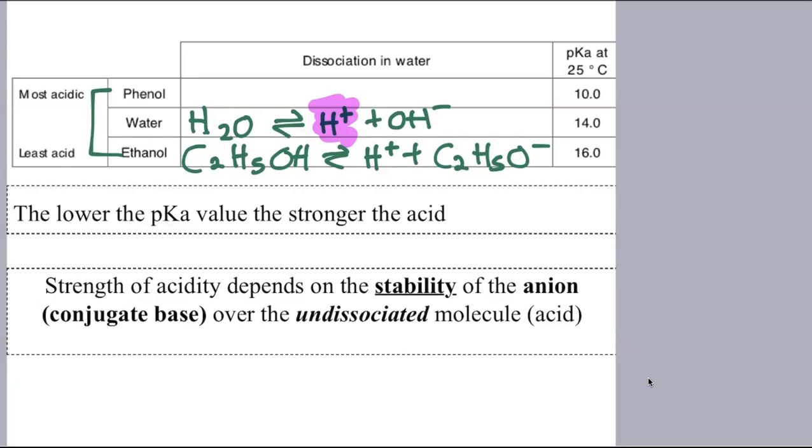And we know that the more ionization or dissociation you have, the more acidic your acid is. That's how we define HCl as a strong acid, because 100% of the molecules will be dissociated, fully ionized.